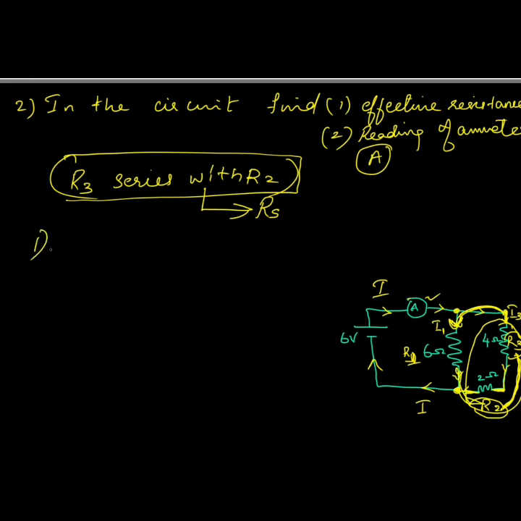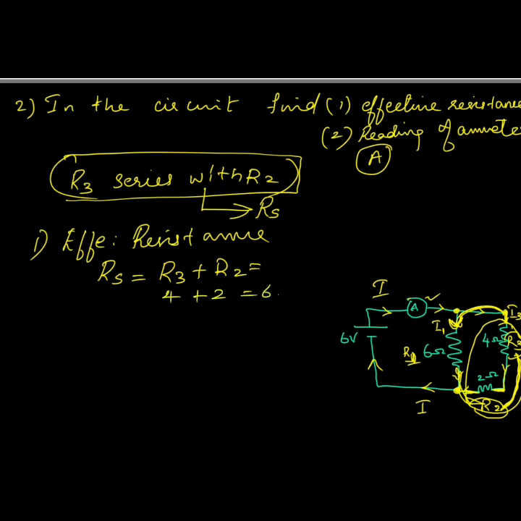So in order to find the effective resistance, first, since R3 and R2 are in series, we take RS equal to R3 plus R2. Series means simply add. So R3 is 4 ohm plus 2 ohm, you will get 6 ohm. That is RS, those which are in series. Now this RS is parallel with whom?